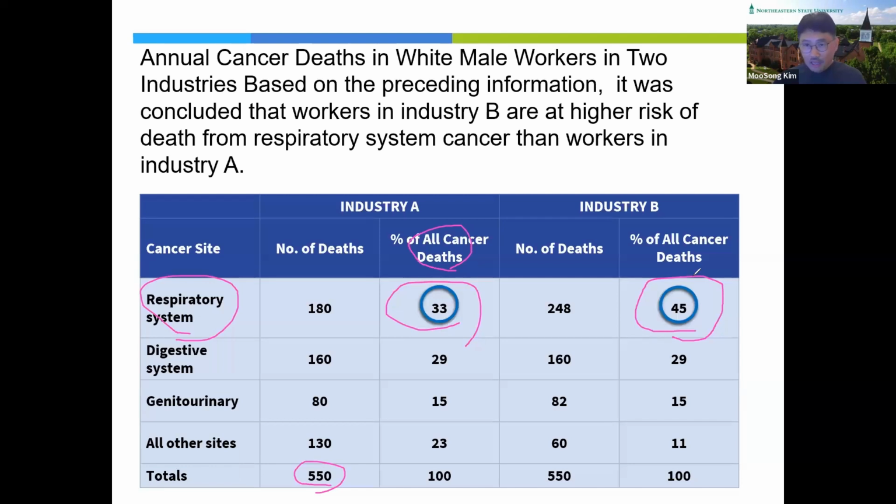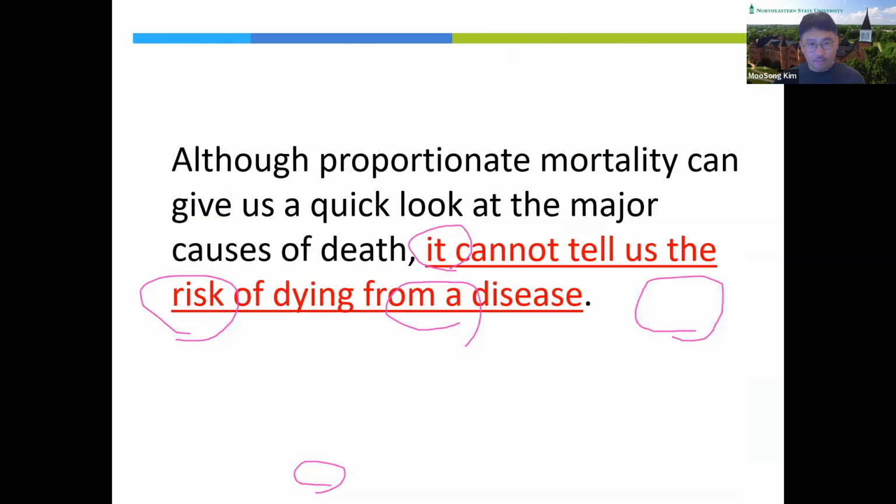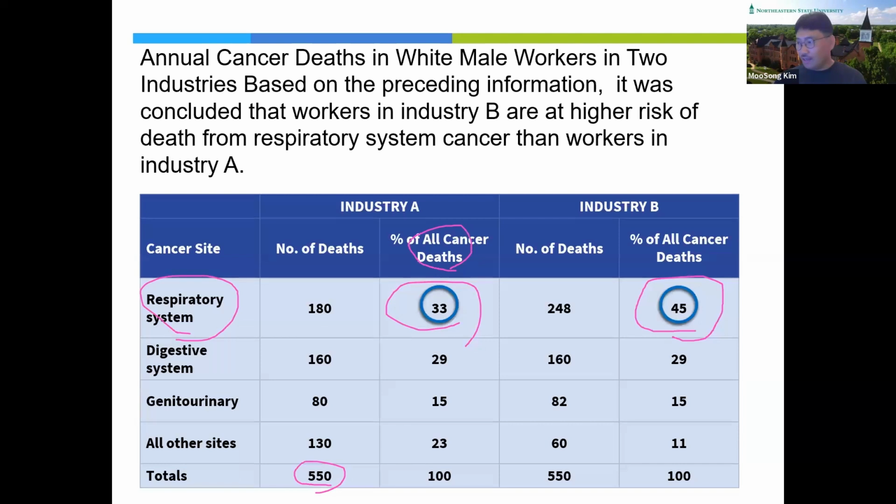So this number is a proportionated mortality rate, and it cannot tell us the risk of dying from a disease, respiratory system cancer. So the answer should be not correct.